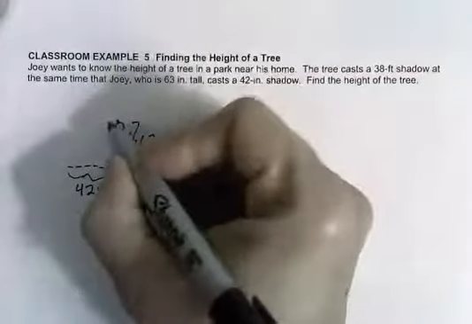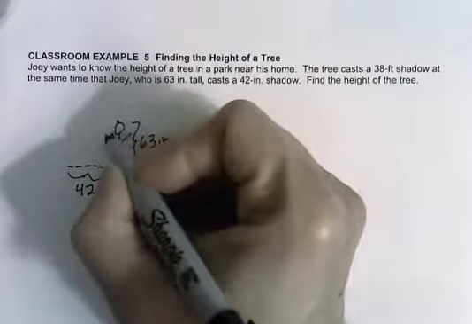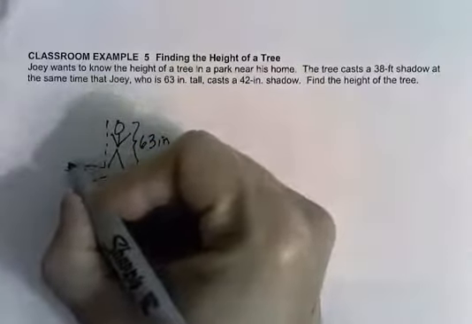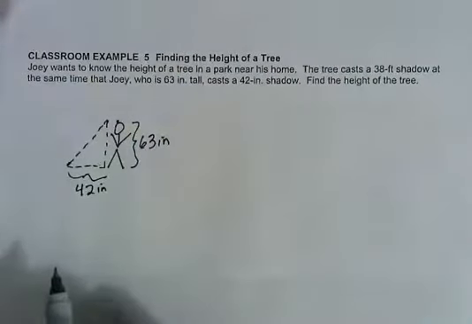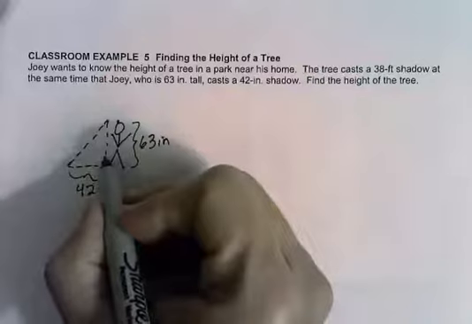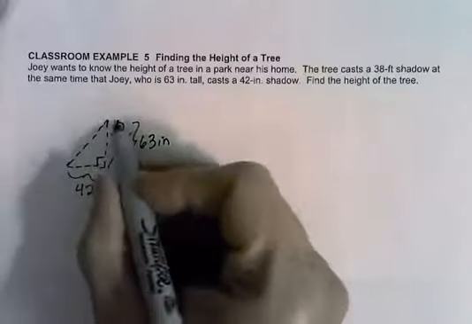So right here, what we end up with is a triangle, and we know two of the sides of the triangle. We also know in this triangle that this is a right angle because we have a vertical and a horizontal.